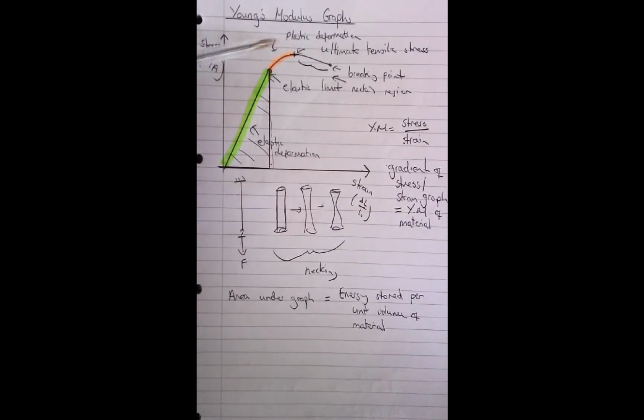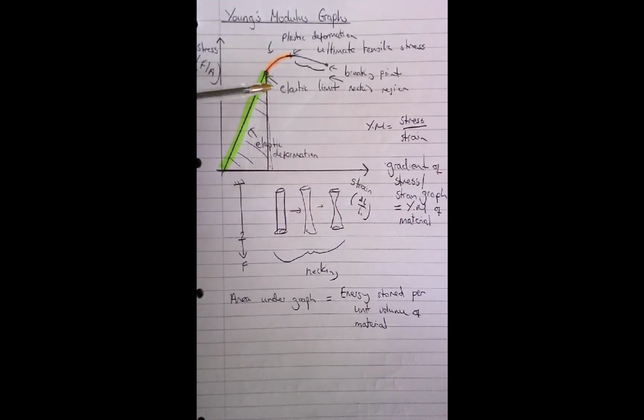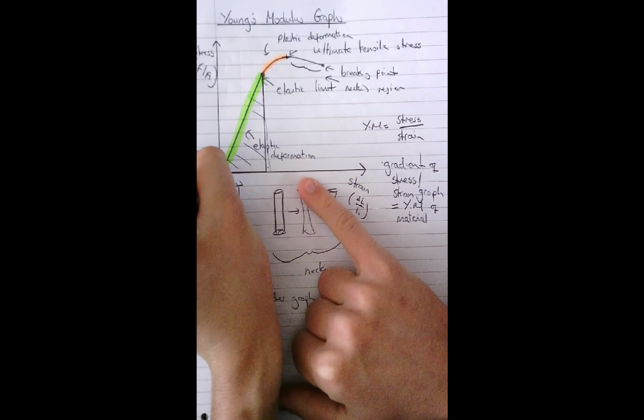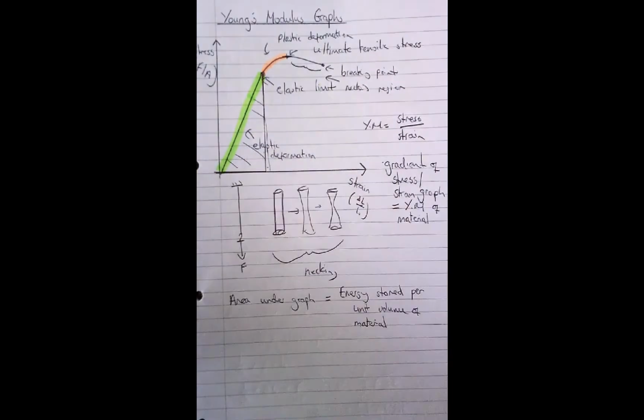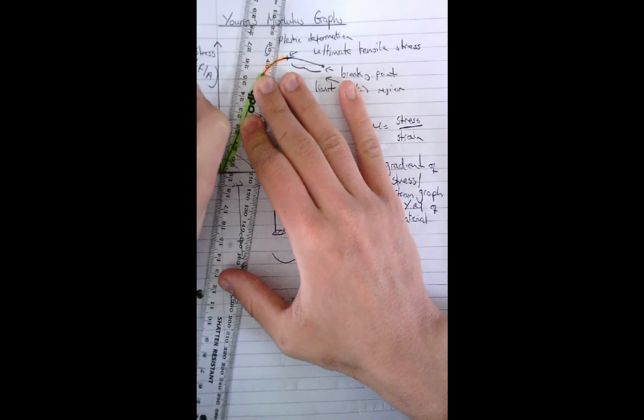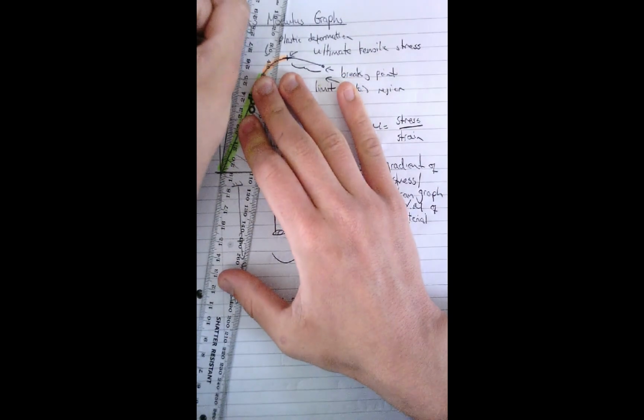Importantly, comparisons between these graphs tell us how different materials behave. So I could plot another material on here. So let me just, for sake of argument, do one like this.